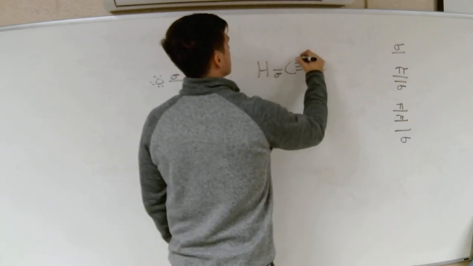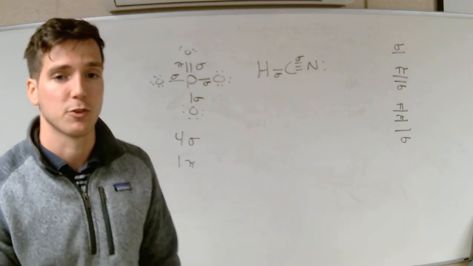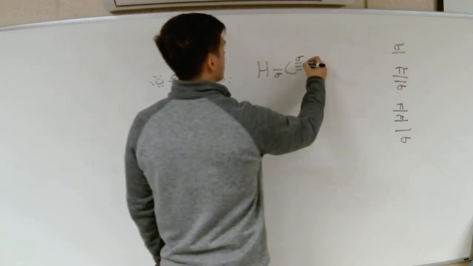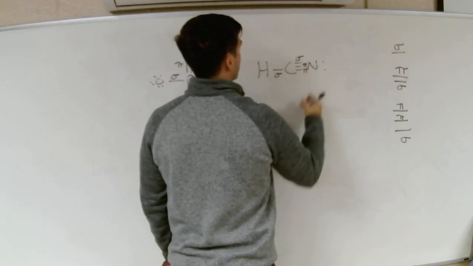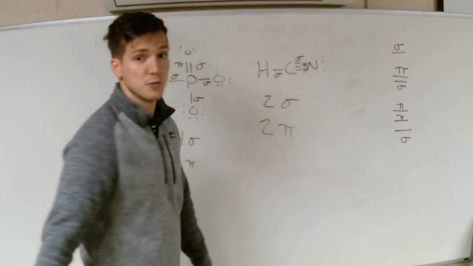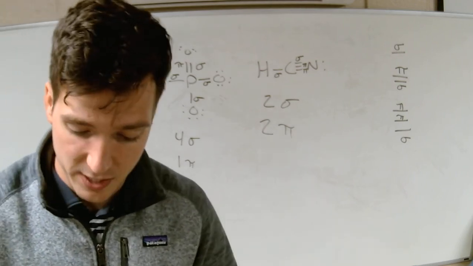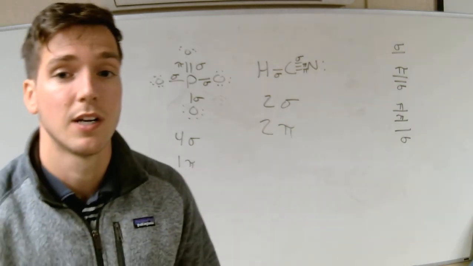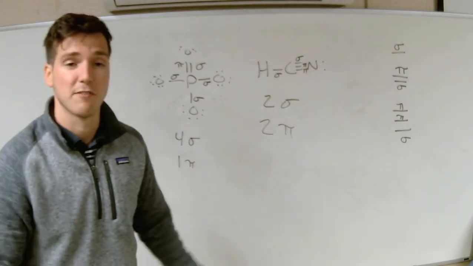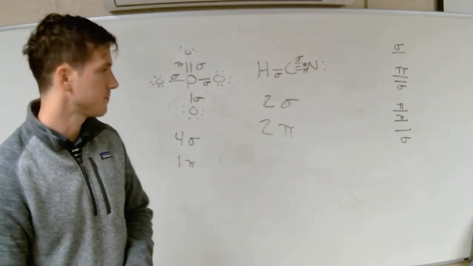Let's just say that top one is the sigma bond, but then every other bond after that first bond has to be a pi. So pi, pi, so 2 sigma, 2 pi bonds. Okay, be ready for that. They like to hit you with that in organic chemistry as well. All right, just remember every first bond is a sigma, everyone after that is a pi in a certain domain.